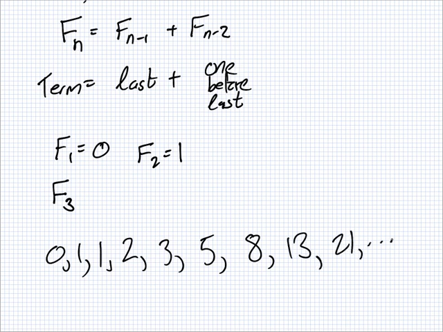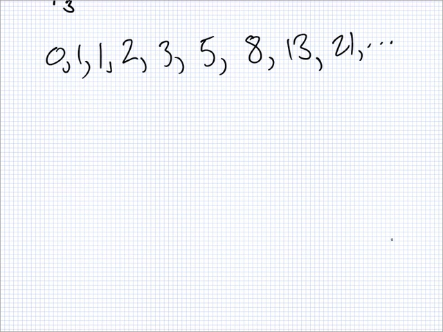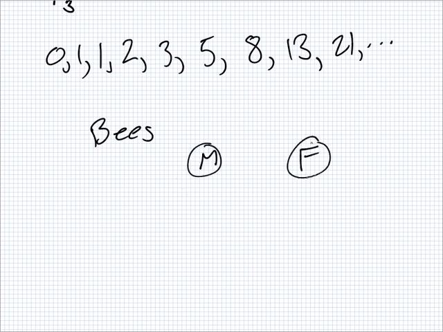Okay. Now, I want to give you an interesting biology example to this sequence. I'll scroll down a little bit. So, we'll have a look at bees for a moment. So you have male bee and female bee. Now, what's interesting about bees is these two together produce only female.